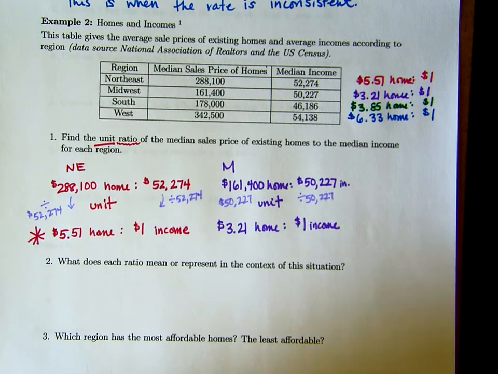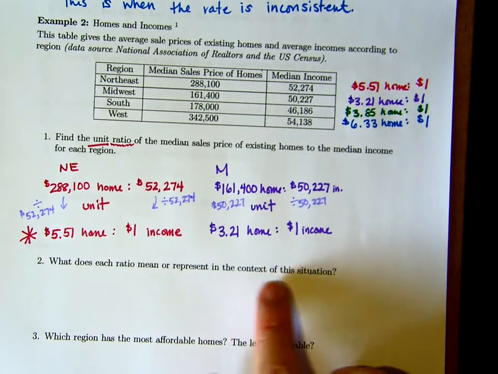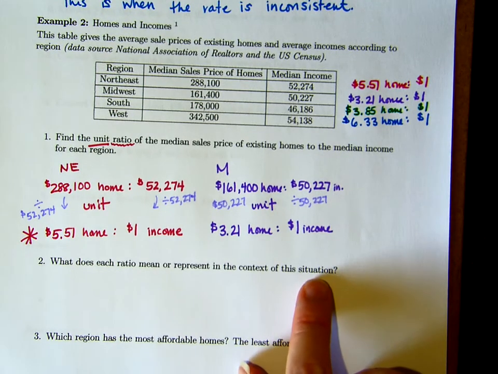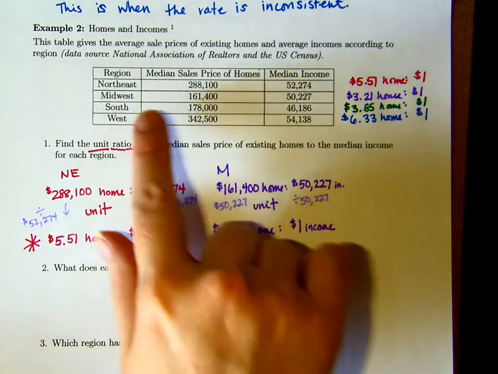Now, what does each ratio mean or represent in the context of this situation? So I've been saying this repeatedly, so we're going to actually write it. I'm going to go Midwest style.